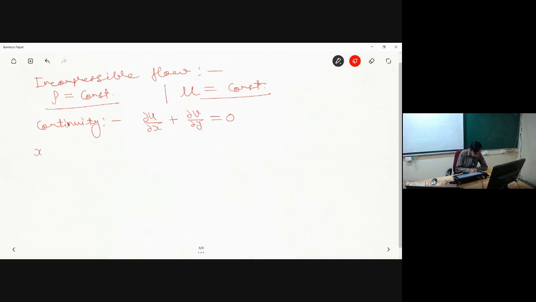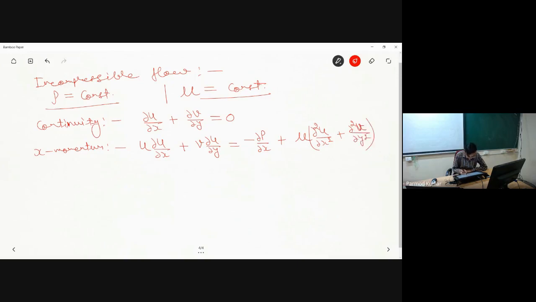What about x momentum? u times del u by del x plus v times del u by del y will be equal to minus 1 by rho times del p by del x, plus mu by rho times del square u by del x square plus del square u by del y square.